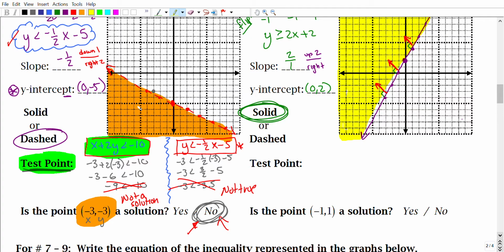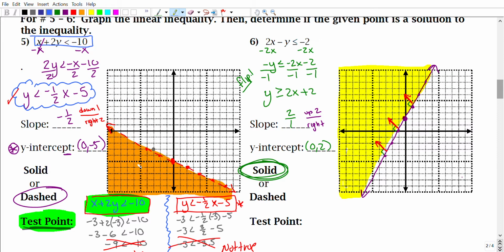Last thing, he wants to know if (-1, 1) is a solution. So let's go ahead and see. Well, (-1, 1) is right about here. Looks like it's right there.